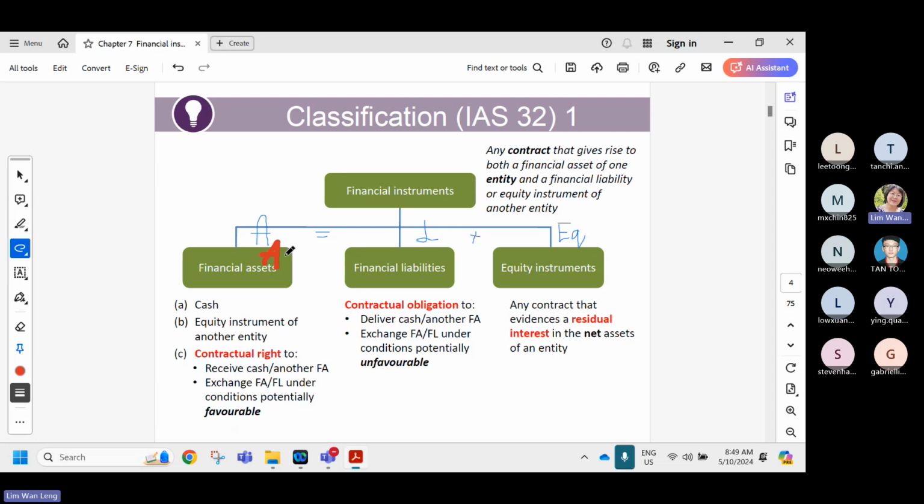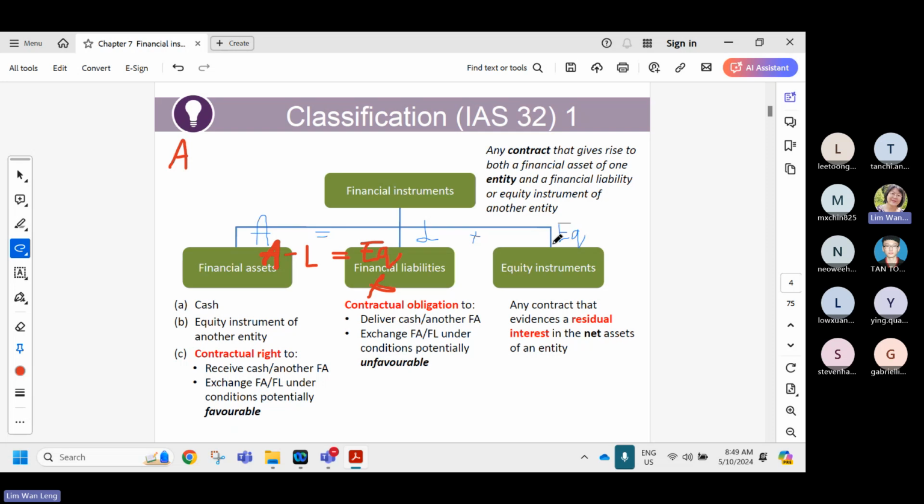If you take assets minus the liabilities, you are going to get the equity. So in other words, equity is always the residual, the balancing figure. Maybe I write here.